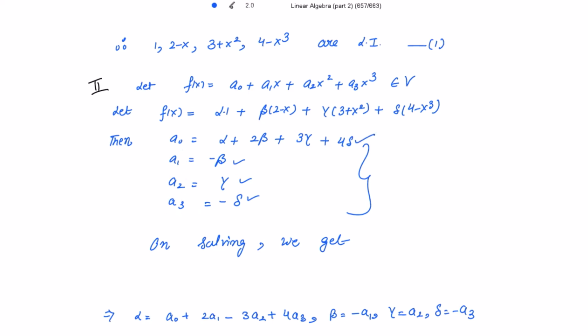You will get the value of alpha. Just take 2 beta, 3 gamma, 4 delta to the other side. By putting the values of beta, gamma, delta in terms of a1, a2, a3, you get the value of alpha in terms of a0, a1, a2, a3, right? So I'm getting all these values. Now I'm putting these values in star.